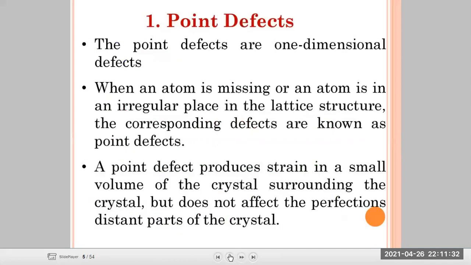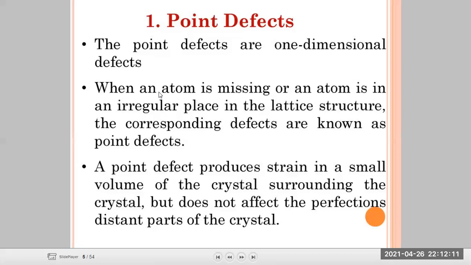We will have a very clear, detailed view of the meaning of point defect and the live examples available in our daily life. So we have a good discussion regarding point defect. Point defects are zero-dimensional defects, and when the atoms are not arranged in a regular fashion, if an atom is missing in a given structure, we say that is called point defect.